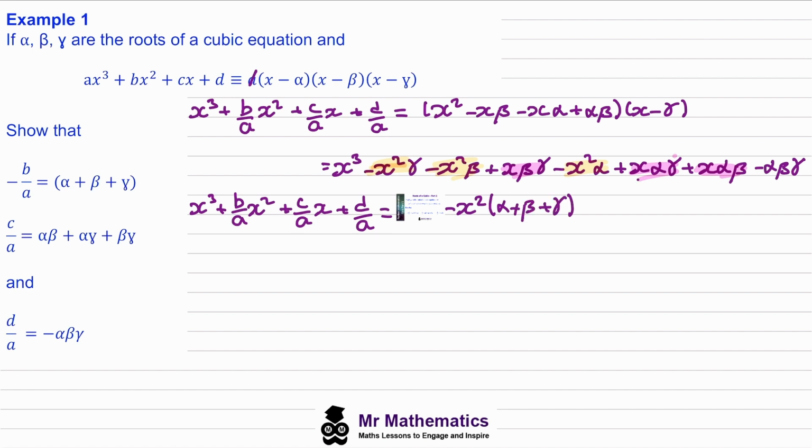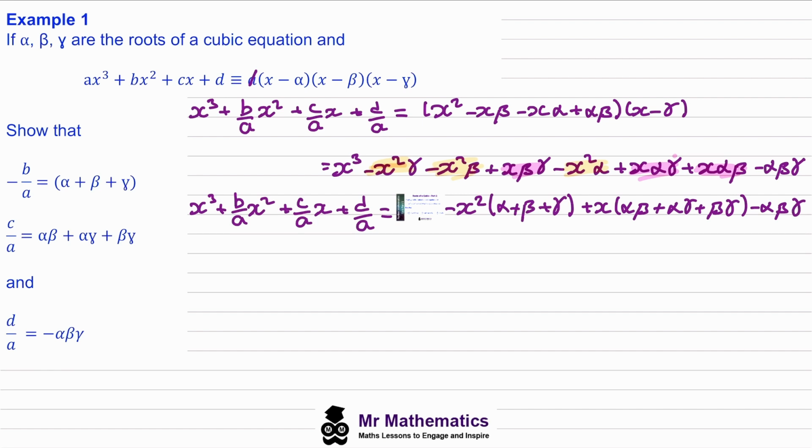And then we'll factor out the x term, and this will give us alpha beta, alpha gamma, beta gamma. And then we have this constant negative alpha beta gamma. Okay, so at this point, we need to equate the like terms.